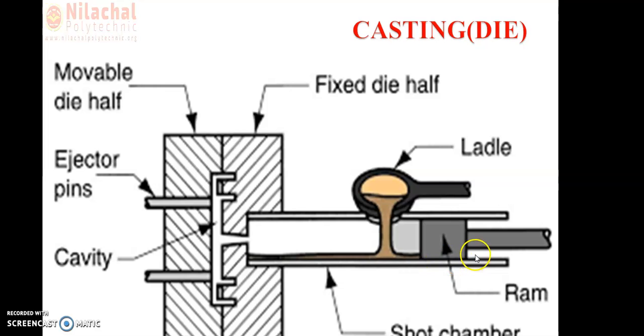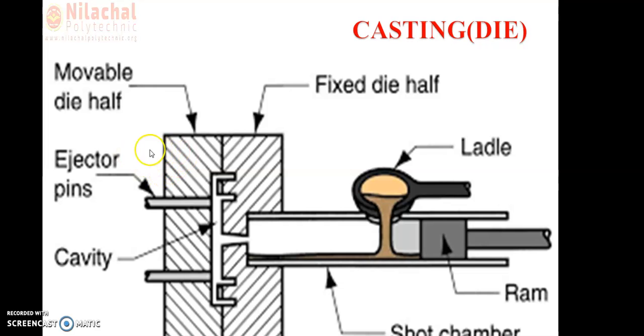Thereafter, this plunger moves in this direction, so that whatever molten metal is poured here is forced to go into these metallic dies. When these metallic dies are filled, the ram is in the idle position, so that water may be injected on the outer surface of these metal dies.